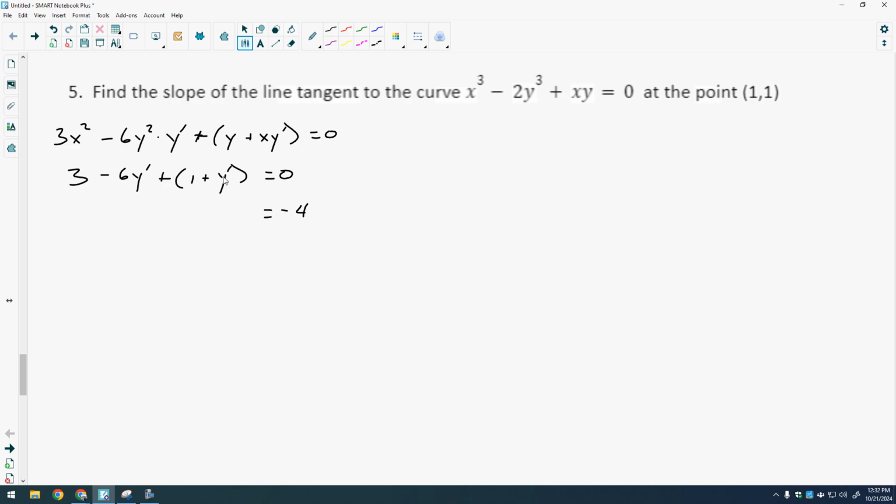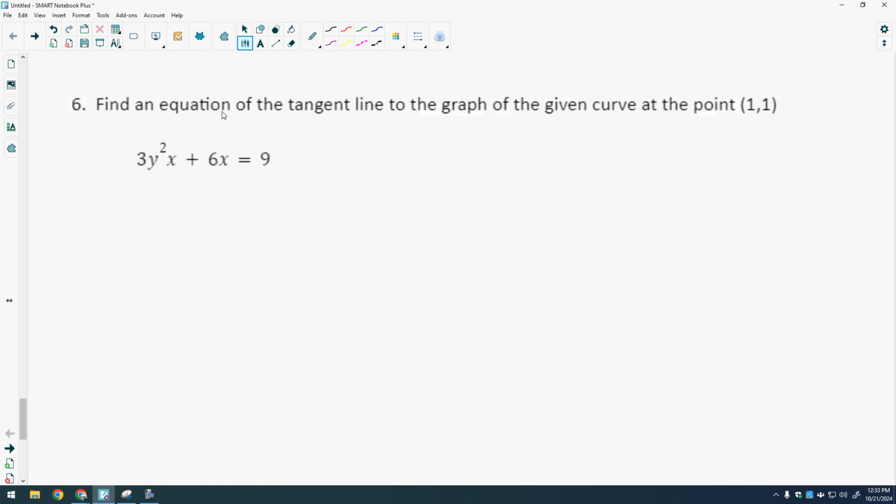Combining a negative 6 and a positive 1 gives me a negative 5y prime. And again, I don't need the parentheses because there's technically a 1 sitting right there. Divide, and I get y prime equals a negative 4 divided by negative 5, which we should make a positive 4 over 5. And we're done. Y prime equals 4 over 5, which represents the slope of my line tangent to the curve.